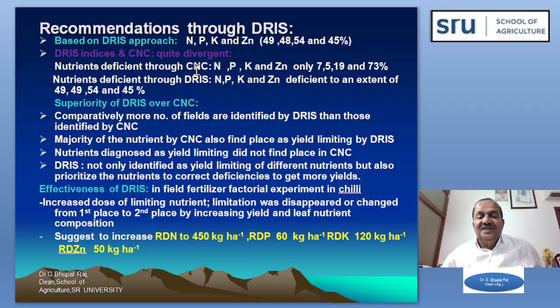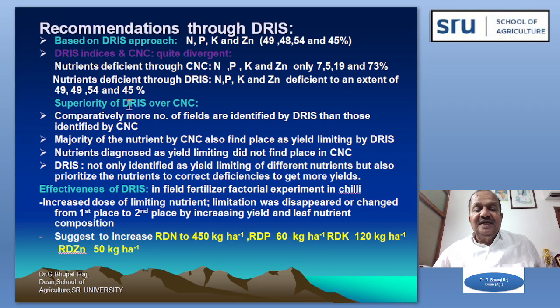For nutrient deficiency through critical nutrient concentration, nitrogen, phosphorus, potash, and zinc deficiencies are shown at 7, 9 and 73% respectively. Whereas through DRIS, NPK and zinc are deficient to an extent of 49, 49, 54 and 45% respectively. More percentage of deficiencies is shown through the DRIS approach.